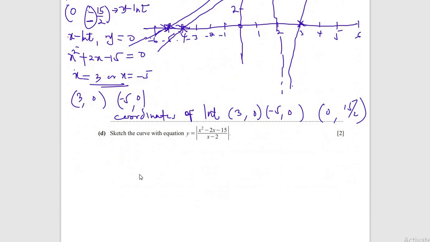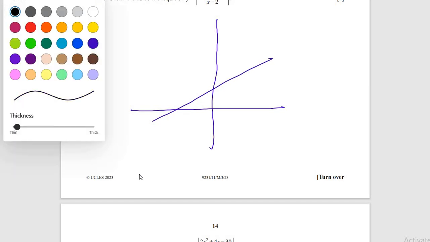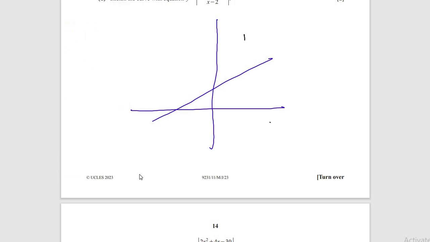Here is supposed to be positive. You know, modulus always takes away the negative. So this is what will happen. Let me quickly sketch what I do. Let me use different colors. Of course, you know the oblique asymptote and the vertical asymptote.